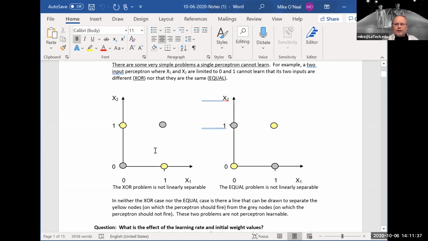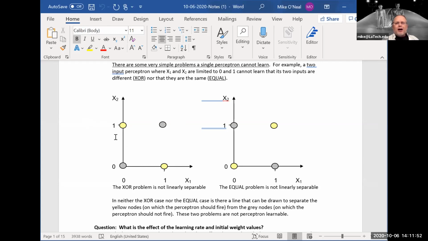I mean, you could draw a line here, and this one would be a 1, but this one would be off. Or maybe you could draw a line here, right? Well, but then this one would be on, because it would be on the same side as these 2.